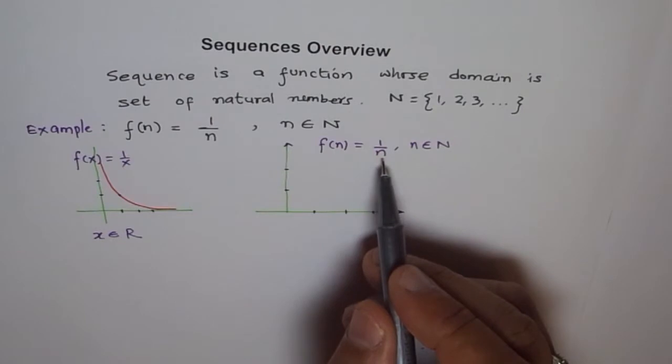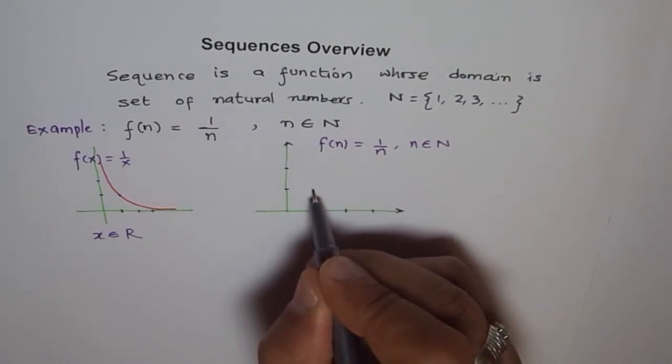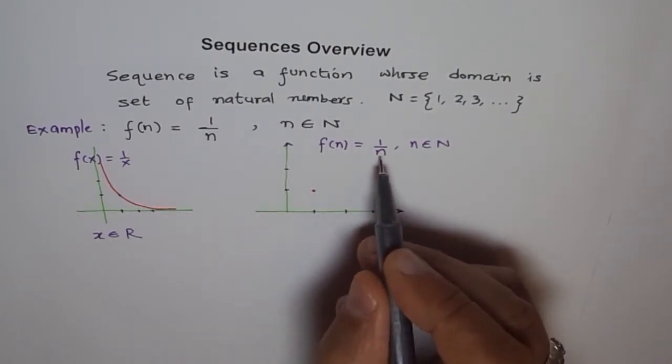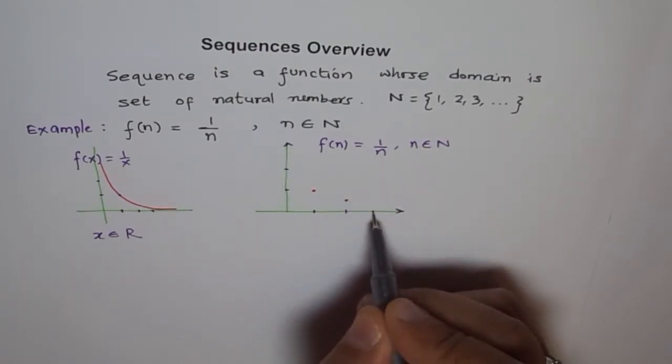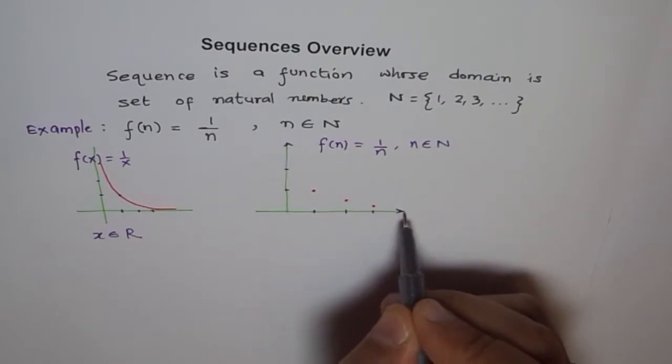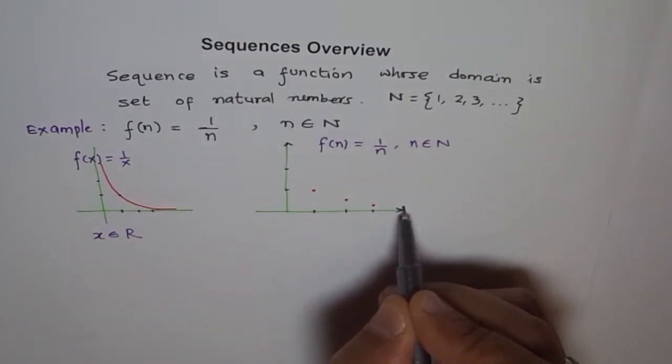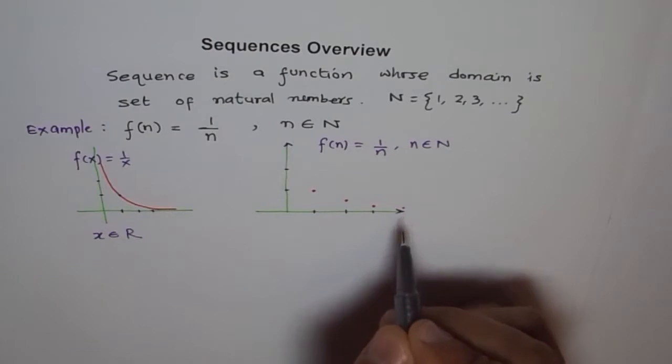So if n is 1, then we get a value 1 here. If n is 2, then it is half, so we get a value here. If n is 3, then we get a value 1/3, and so on.